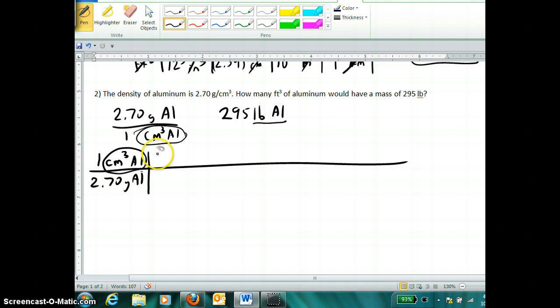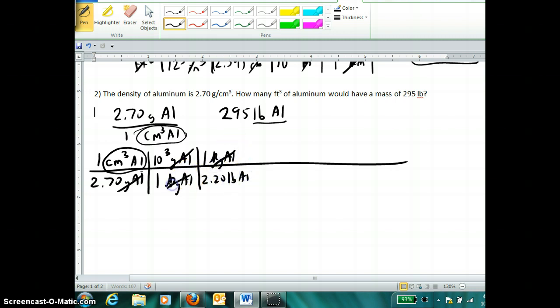To make that conversion is fairly simple. For every 1 kilogram of aluminum, there are 10 to the 3rd grams of aluminum. And the masses would cancel, replacing with mass units of kilograms. Of course, that's still not pounds, so I would then write that 1 kilogram of aluminum is 2.20 pounds of aluminum.